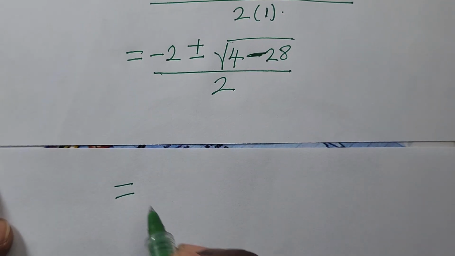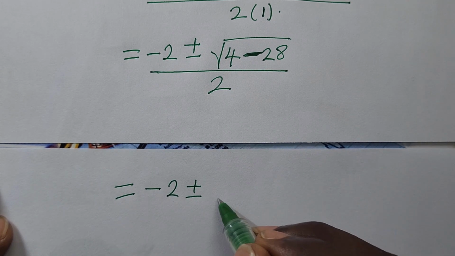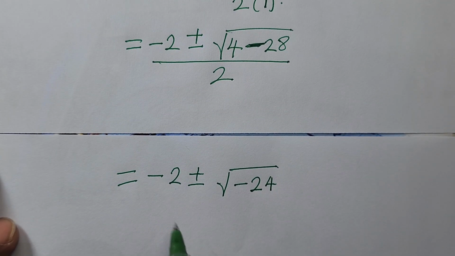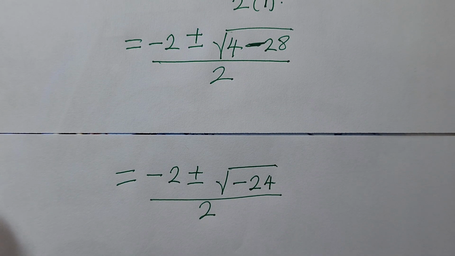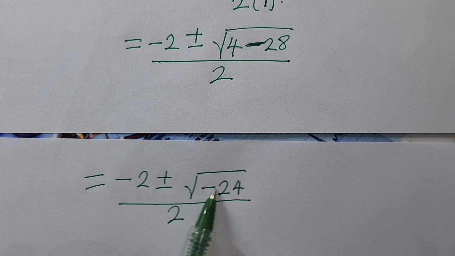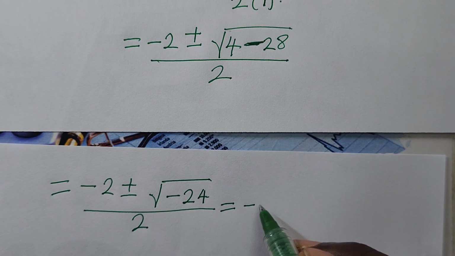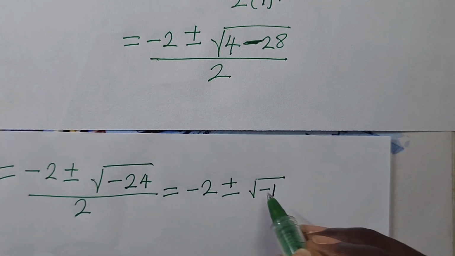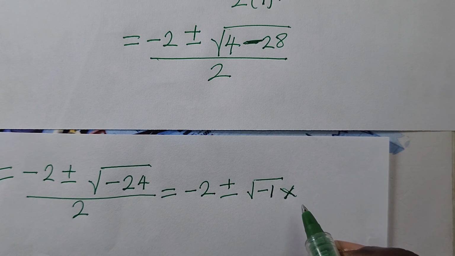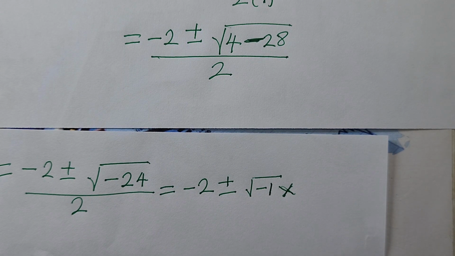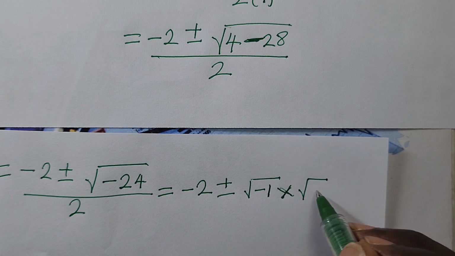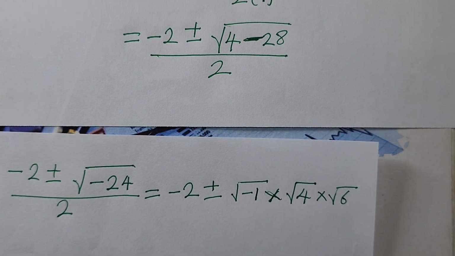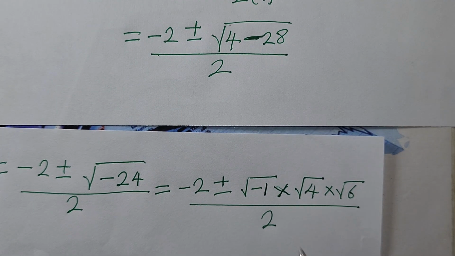So we're going to have this to be equal to minus 2 plus minus the square root of minus 24, everything all over 2. Now we can rewrite this as minus 2 plus minus the square root of minus 1 times 24. Now 24 can be written as 4 times 6. So the square root of 4 times the square root of 6, everything all over 2.